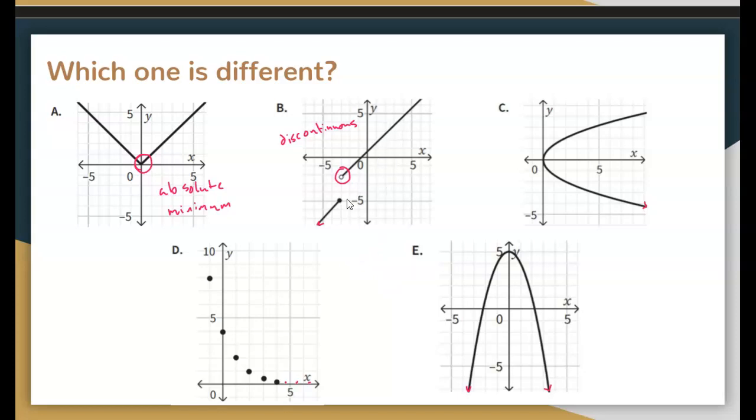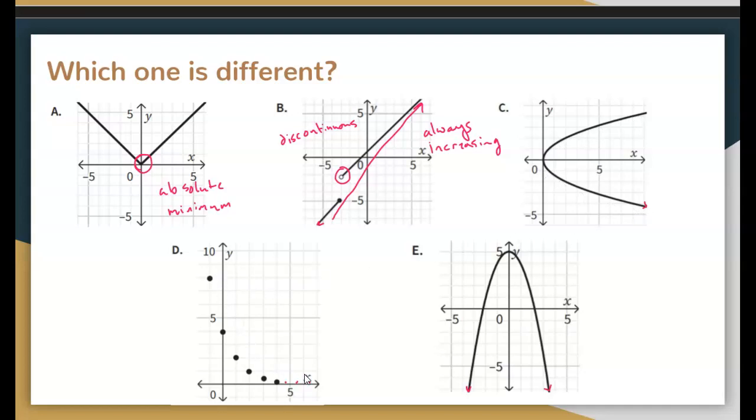You also may have noticed this is the only graph that is always increasing. You'll notice here this one is decreasing, then increasing. This one kind of has different sections. This one's increasing, this one's decreasing.